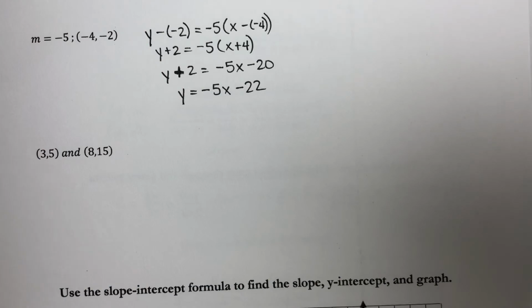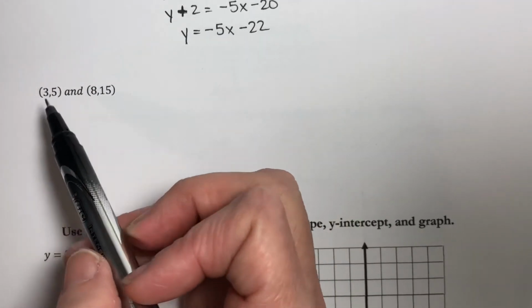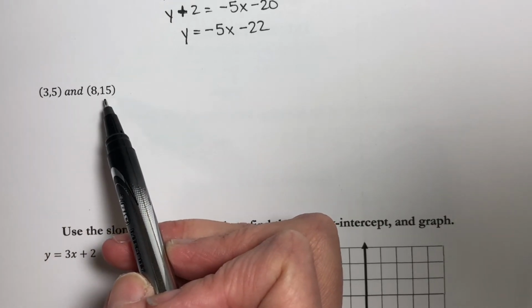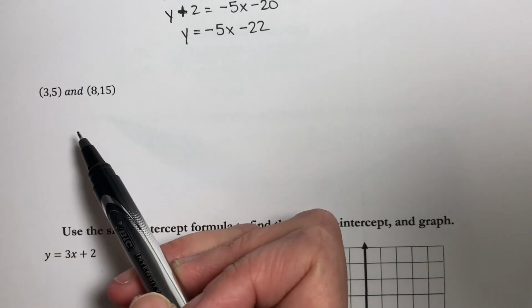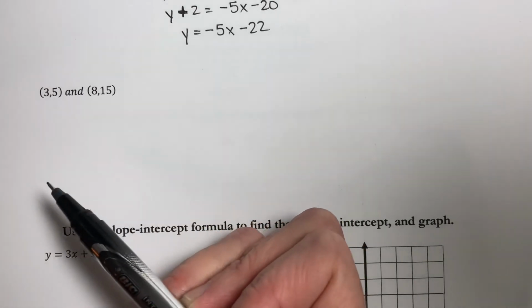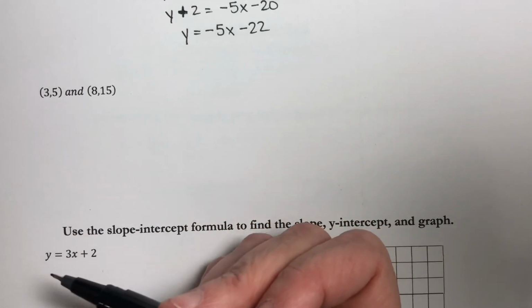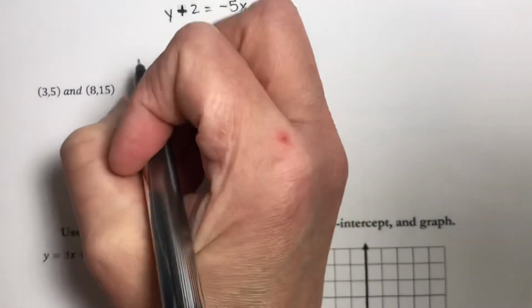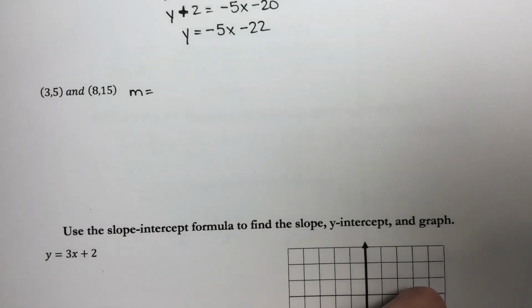All right, so let's find the equation of the line that passes through these 2 points, 3, 5 and 8, 15. Okay, so we are not given a slope here. If you are not given a slope, you will be given enough information to find the slope. And since we have 2 points, we can use the slope formula to figure out what the slope is first.